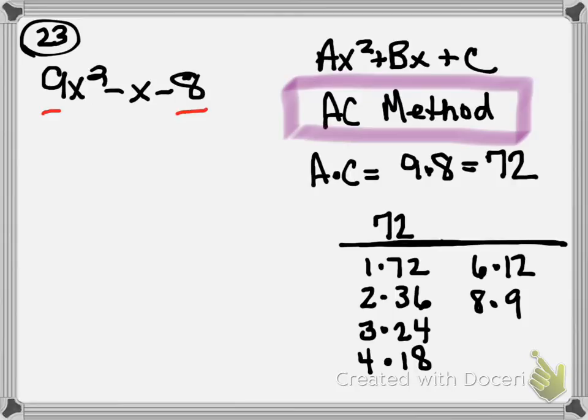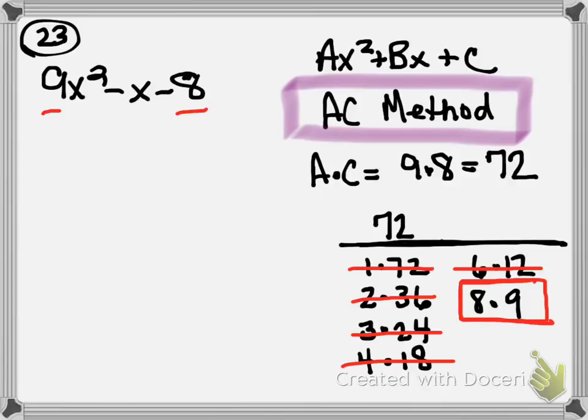So which one of these factor pairs, when you add or subtract them, will give you a negative 1? 1 and 72 will not. That gives you 71 and 73. With the 2 and the 36, you could get 34 and 38. With 6 and 12 you get 6 and 18. 9 and 8 is how you get to 1.